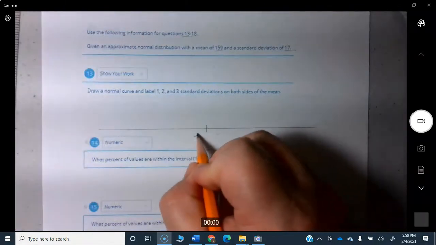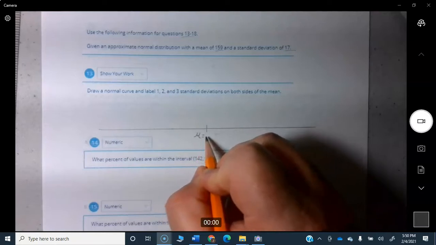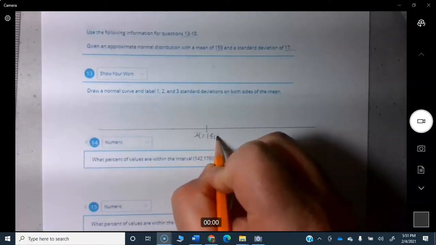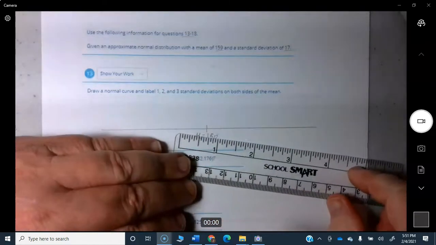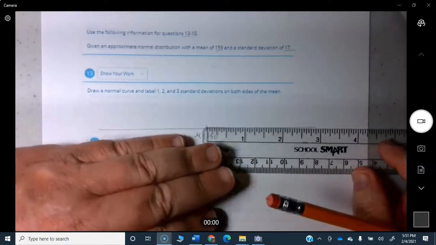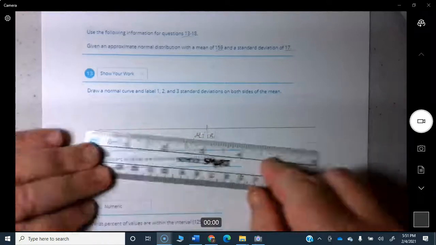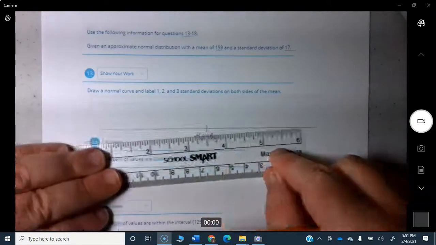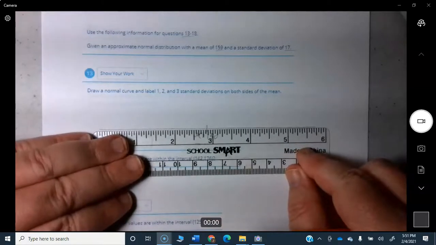So this is the mean, mu equals 159. And let me see what I got here as far as inches. Yeah, 3 inches looks good this way, 3 inches. I'm trying to just be sure I make it kind of neat. I tell you what, I'm going to make my line a little longer.